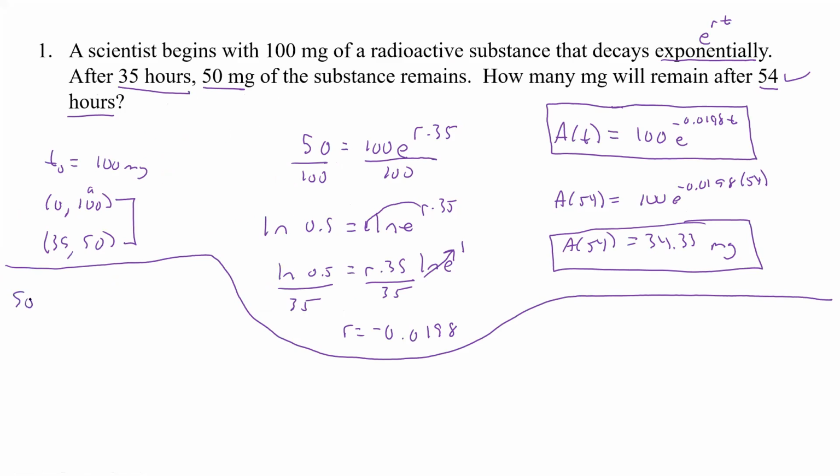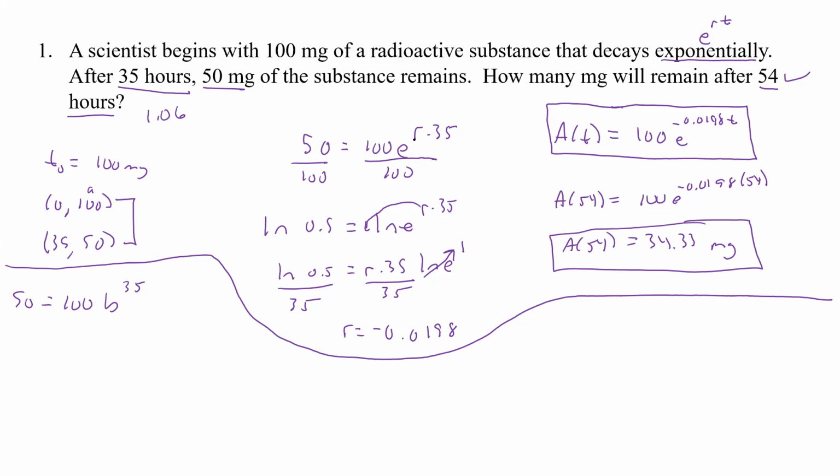Well, that gives us 50 equals 100 B, and that's going to be to the 35, because now we don't have to do an r. We just have 50 equals 100 B to the 35 because our rate is included in the B now. Because remember, if we had 1.06, that's what B is equal to.